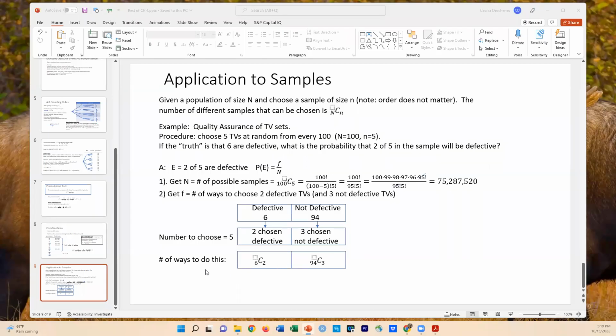So the number of ways to do this is we are going to say it's 6 choose 2 for the defective ones and 94 choose 3 for the not defective ones. And now we're just going to do the calculations of what this turns out to be.